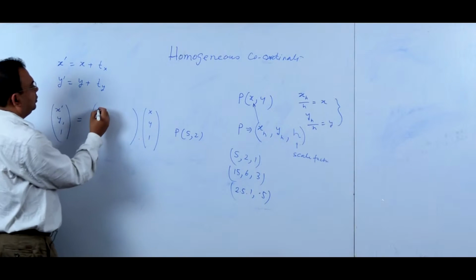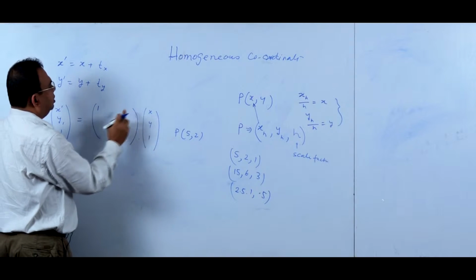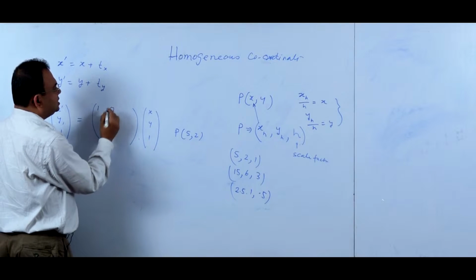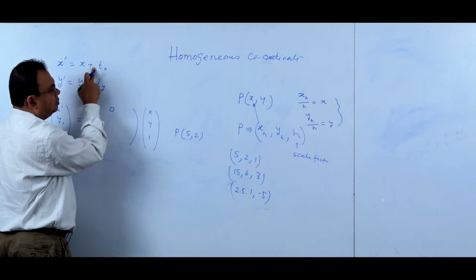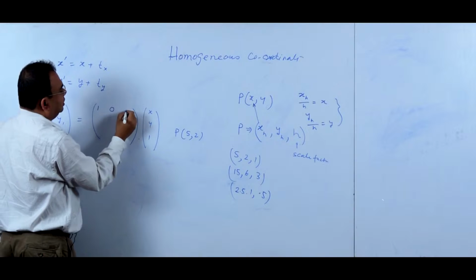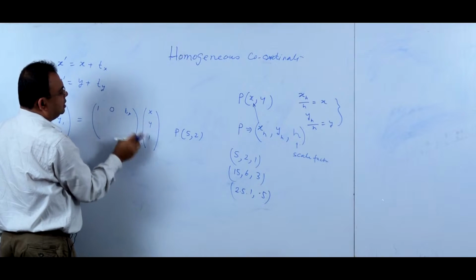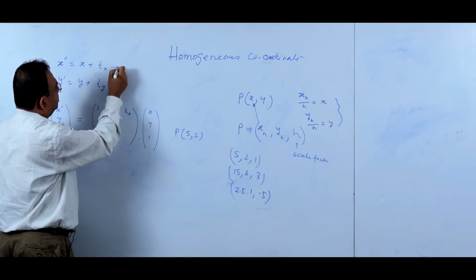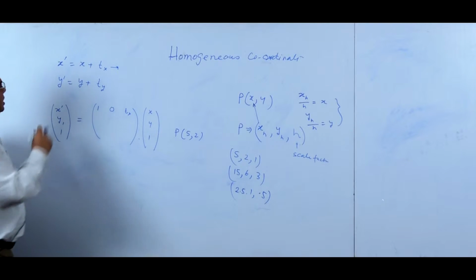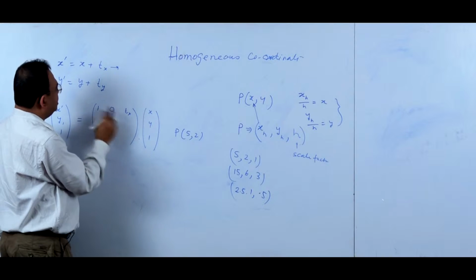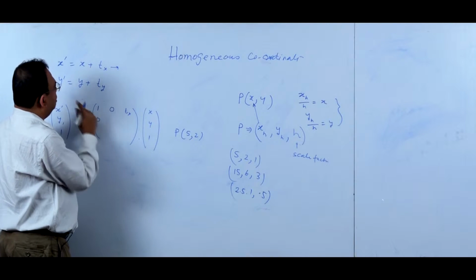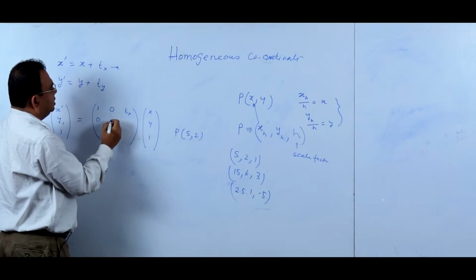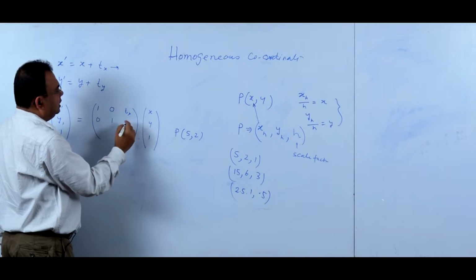Naturally, this will be 1 into x, y component is not there, so this is 0 into y, and this is tx into 1. If we multiply this and this, we will get this transformation equation. Similarly, to get the next transformation equation, there is no x component, so this is 0 into x, this is 1 into y, and this is ty.